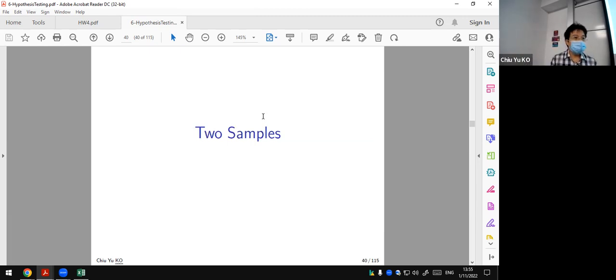Now we have 2 samples. As we said, this is going to be more useful, because with 2 samples you are usually comparing 2 different treatments, like in a control experiment. The main use is to see the impact of a certain treatment. In business applications, say for marketing, suppose you have 2 different advertising methods and you want to see if one is better than the other.